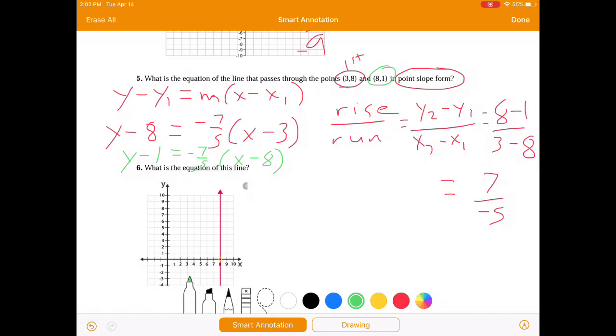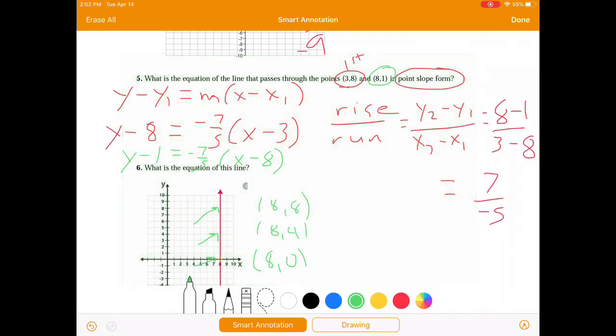And basically what you have to notice is every single point on here has an x coordinate equal to 8. The first point that it has marked right here is 8, 0. If I'm looking right here, that point is 8, 4. If I look at another point, that point is 8, 8.